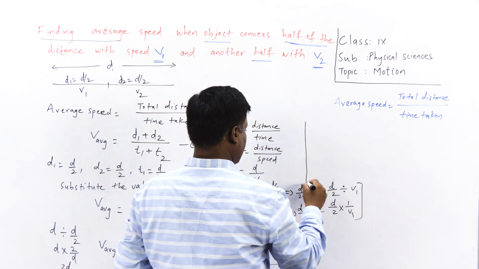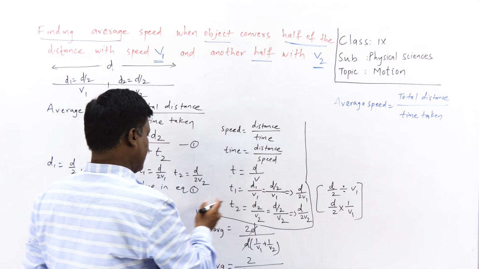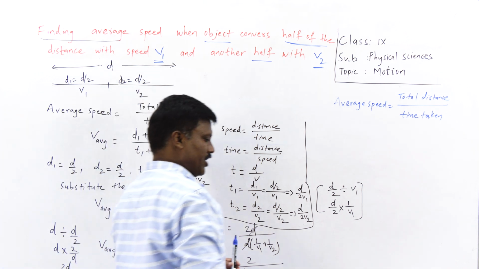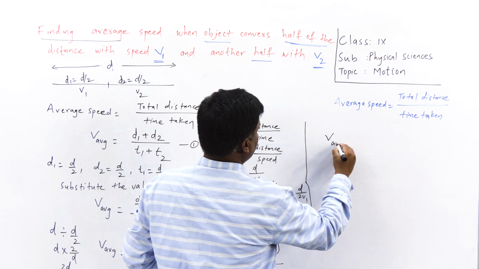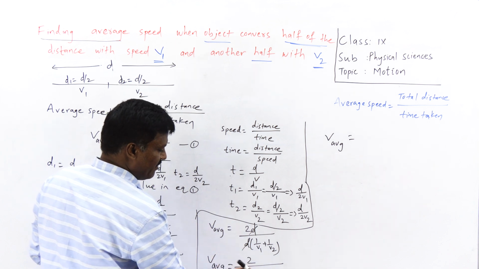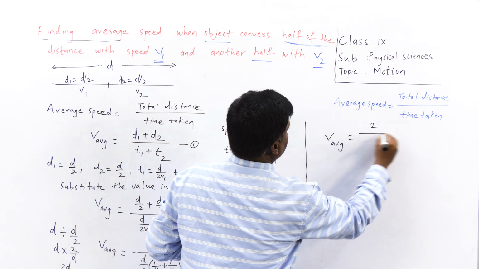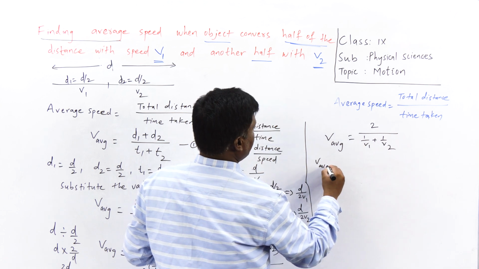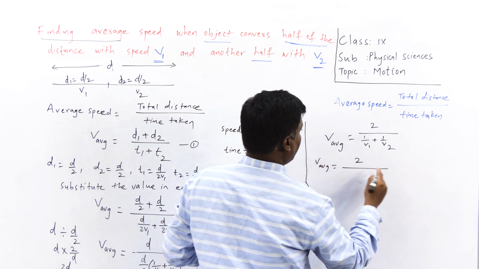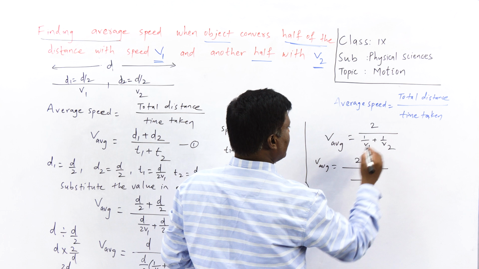This part is the work which is related to this one. Now I am continuing this. Yes, V average is equal to 2 by 1 by v1 plus 1 by v2. I am writing the same step here. Now the LCM of v1, v2 we have to take.